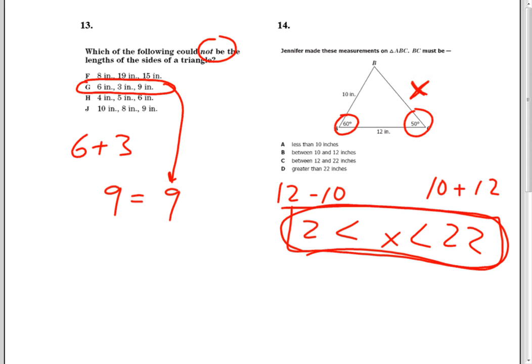If that's 50 and that's 60, what's angle B? 70. Now I can start ranking my sides. If 70 is the biggest angle, what is 12? Biggest side. Think about what that means. Can anything be bigger than 12 in this triangle? So does 22 even have any meaning?